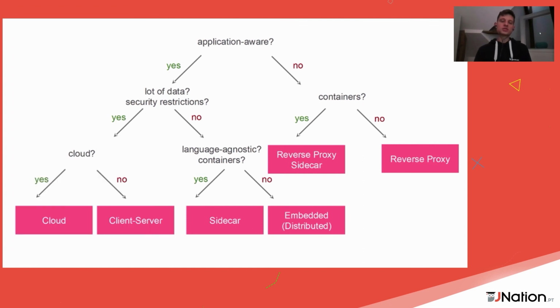If no, use client-server. If yes, be consistent with this and use cache as a cloud. So this is maybe oversimplified, but at least it gives you the direction of where to look for the right architecture for your caching.